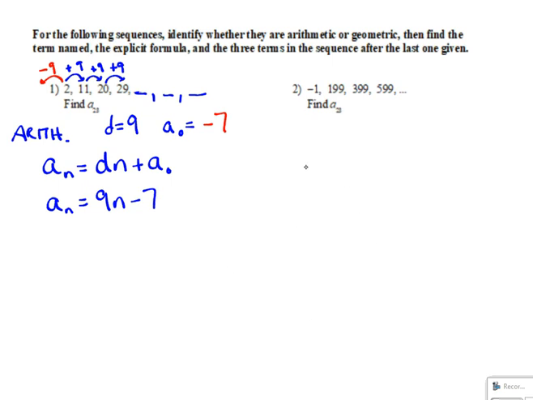And just for the sake of education, let me show on a graph what this looks like. If we had 1, 2, 3, 4, this isn't going to be the best of graphs, but I'm going to go by tens.